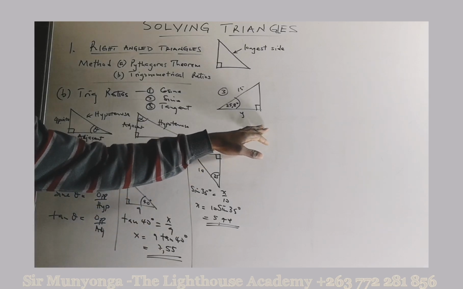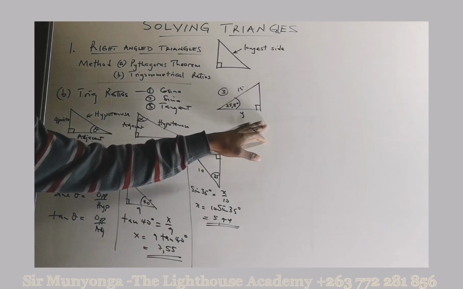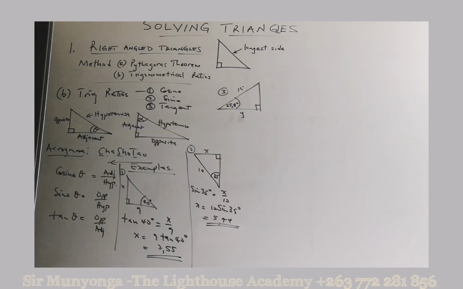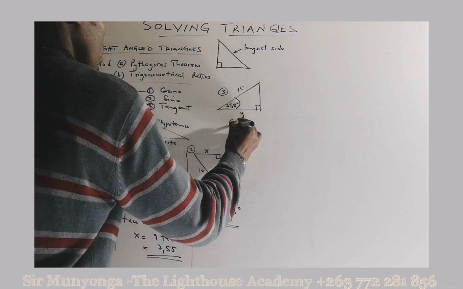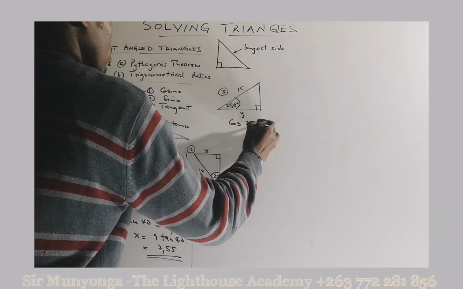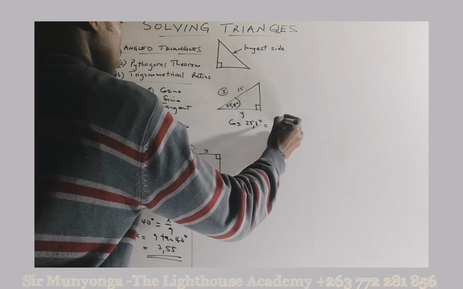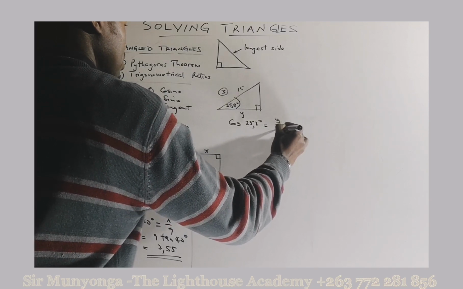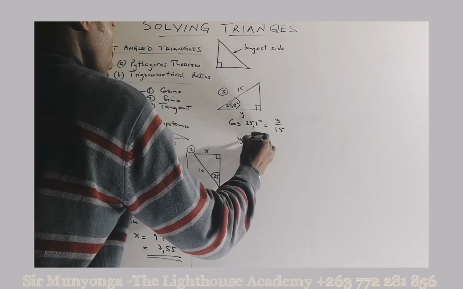The side in question is the adjacent side, and the given side is the hypotenuse. So you go back to the acronym and check which trig ratio relates adjacent and hypotenuse. That's cos, adjacent over hypotenuse. So we say cos 25.8 degrees is equal to adjacent over hypotenuse.